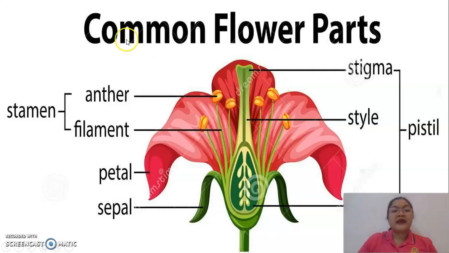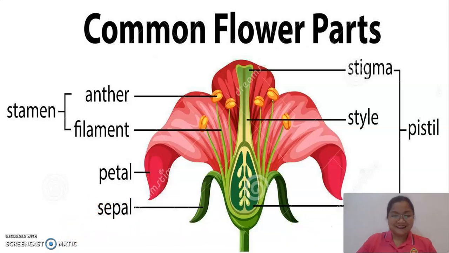So we have different common flower parts. Number one, anther. Can you say anther? Number two, filament. Very good. Number three, petal. Number four, sepal.